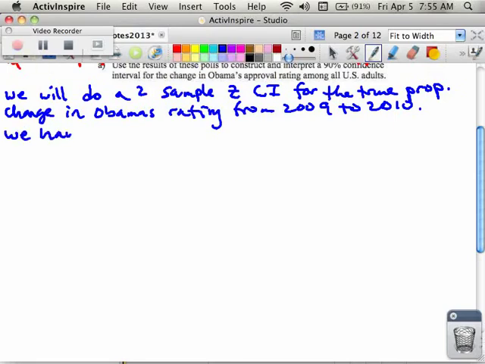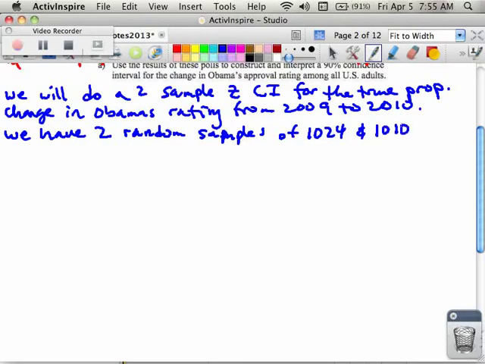We have 2 random samples of 1024 and 1010, was it? U.S. adults.